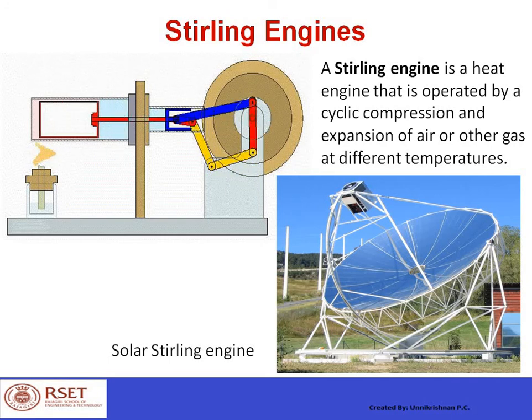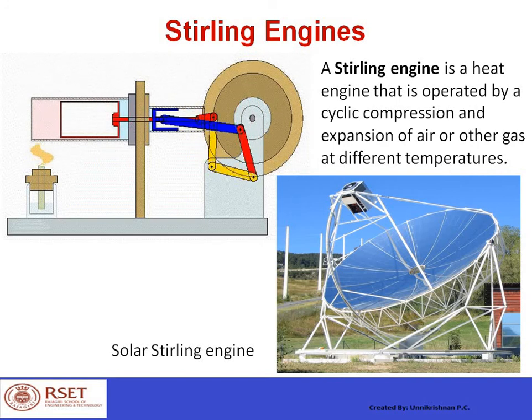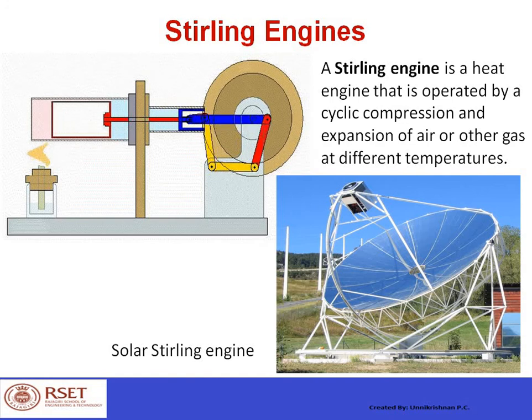So basically the heat energy is converted into a linear motion, and this linear motion can be converted into a rotational motion by using proper links, and then this can be coupled with a generator to produce electricity.